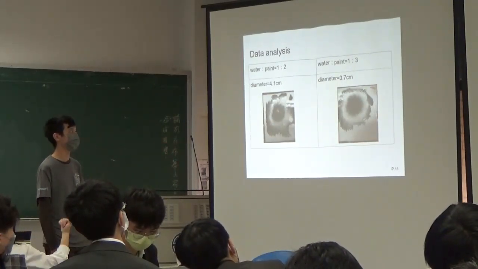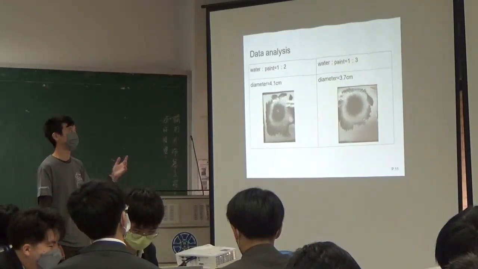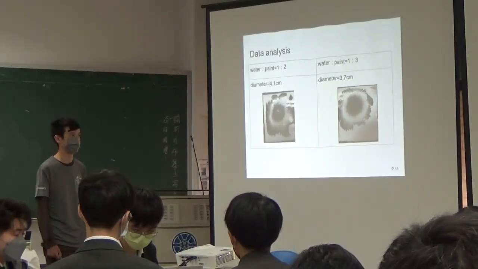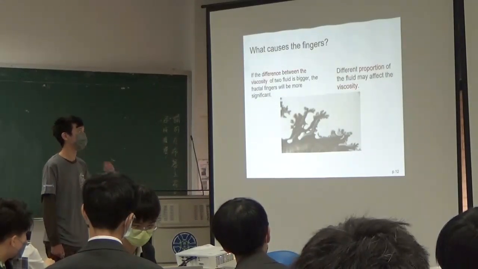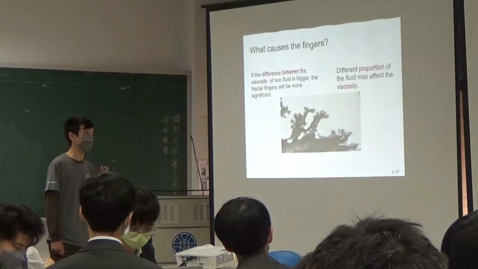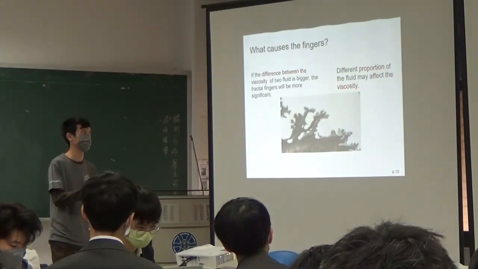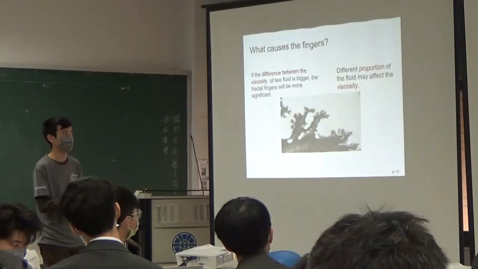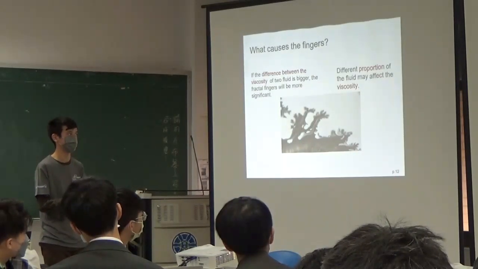We can find that if we add more acrylic paint, the diameter will be shorter. So what causes the fingers? In this experiment, we thought that if the difference between the viscosity of two fluids is bigger, the fractal fingers will be more significant, and different proportions of the fluid may affect the viscosity.